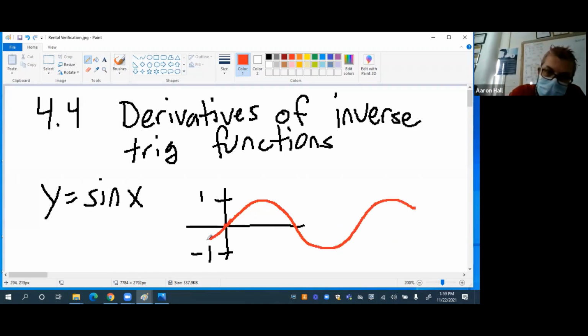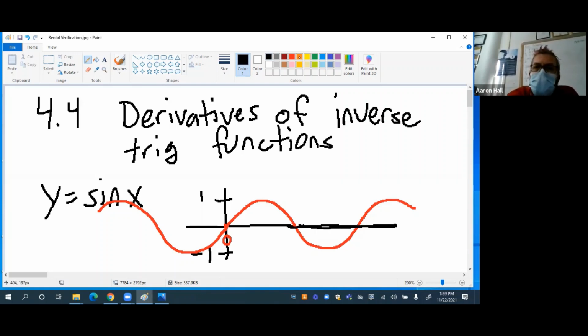Something like that. How long is a period for sine of x? What's the period? Yeah, it's 2 pi.